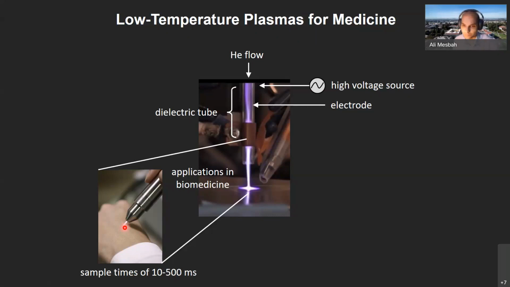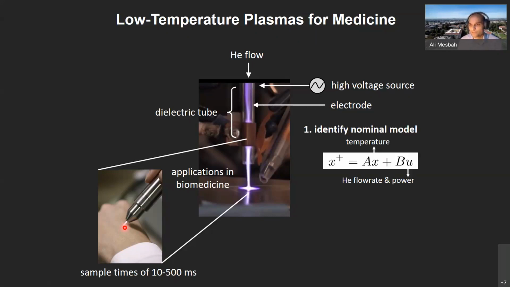So what we did here, we first used very well-established system identification methods, in this case, subspace identification, to identify a fully data-driven model of this plasma jet, right?